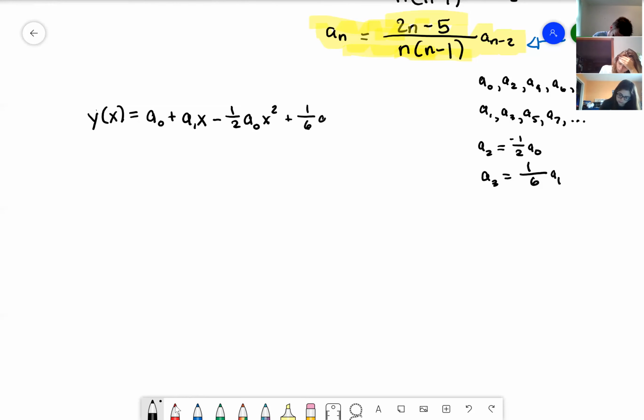So plus 1/6 a1 x cubed. a4 is going to be 8 minus 5, that's 3, over 4 times 3, that's 12, times a2, 1/4 a2, and a2 is negative 1/2 a0, so that's negative 1/8 a0.